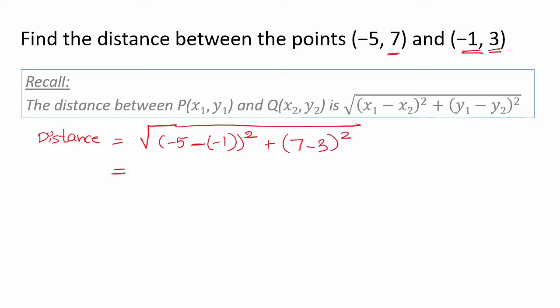So that equals the square root of (-5 minus of minus becomes plus) so -5 plus 1 whole square plus 7 minus 3 whole square.